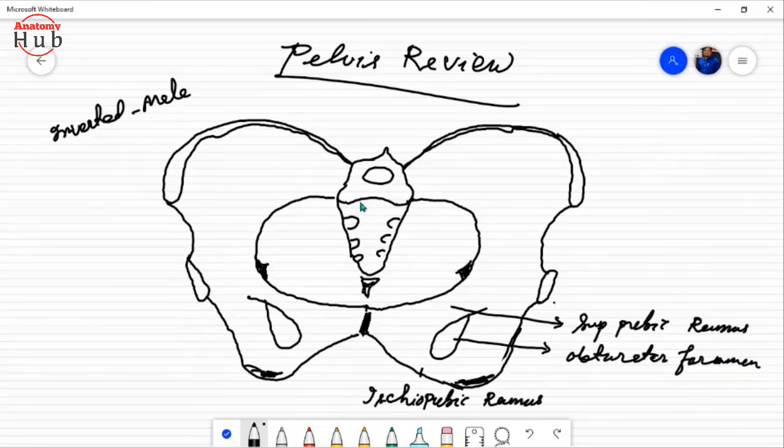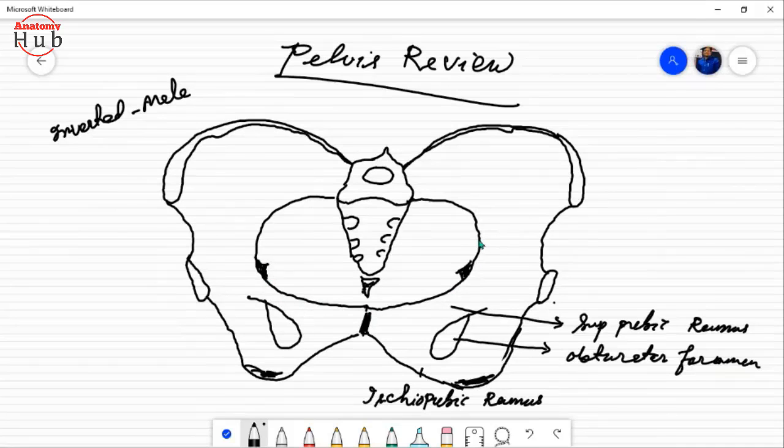That's why in the female pelvis there is decreased convexity, or you can say the shallowed part of the sacral promontory.